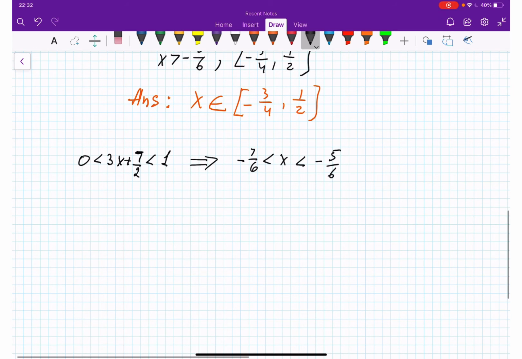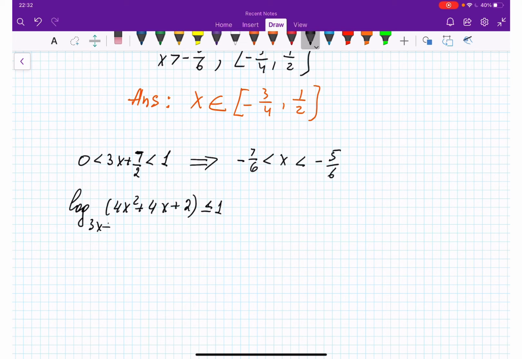So for this case, we get logarithm 4x squared plus 4x plus 2 less or equal 1 by base 3x plus 7 over 2.